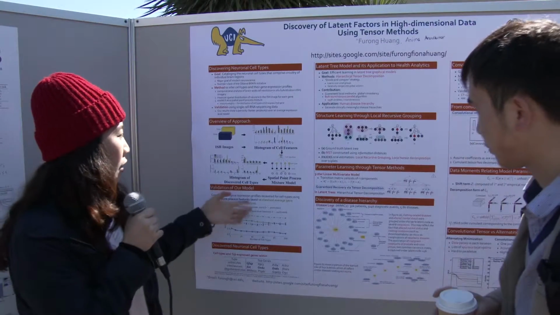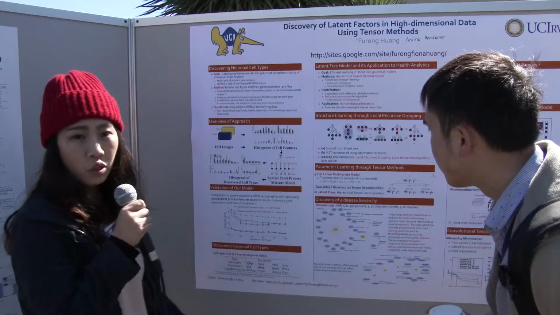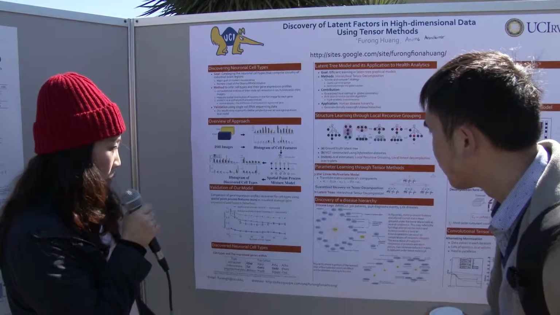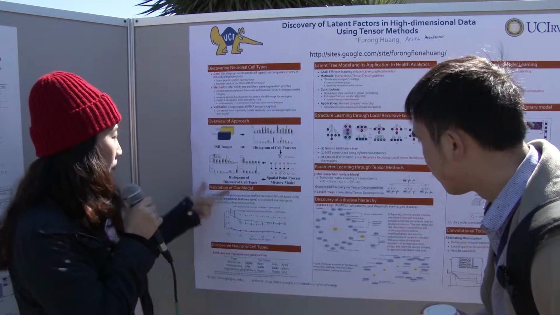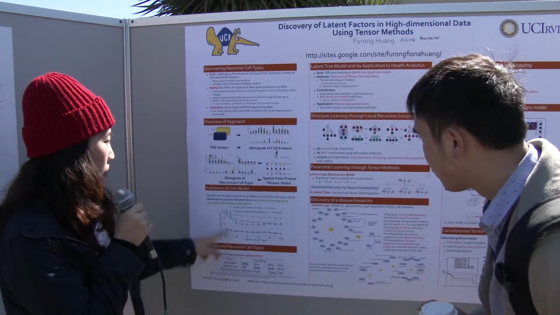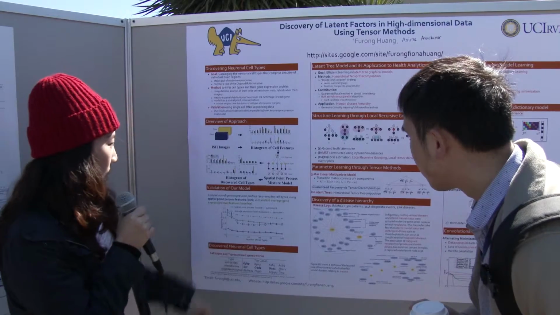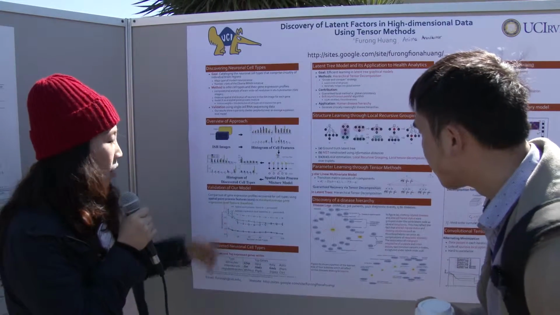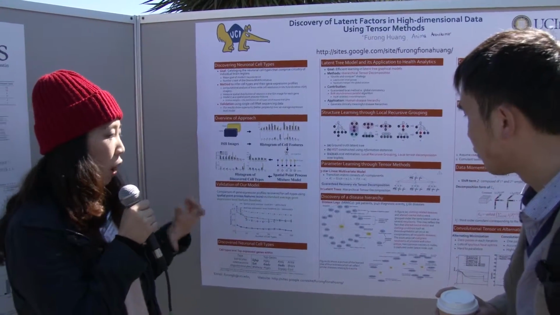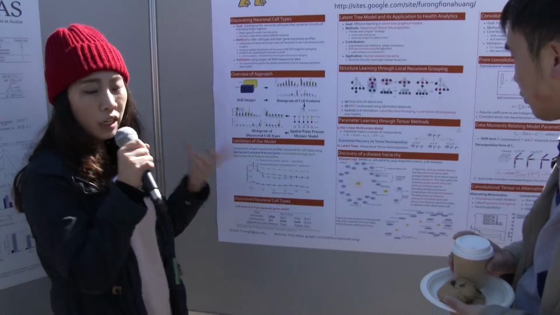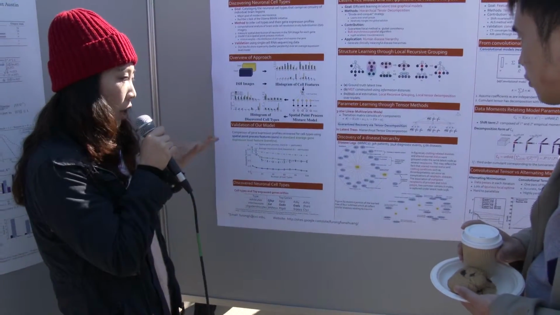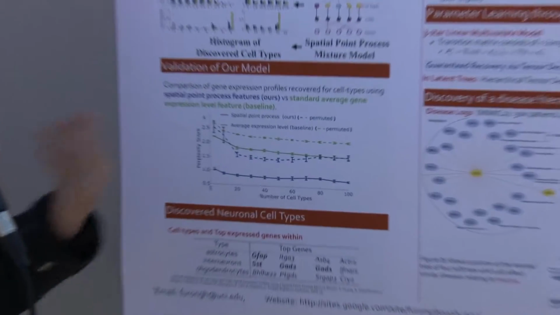We use tensor methods to learn the mixture model, and to validate our model we compare with the baseline, which is the standard averaging gene expression level feature. They're only averaging over small volumes of the data, although there is no guarantee that the images will be aligned at a cell level.